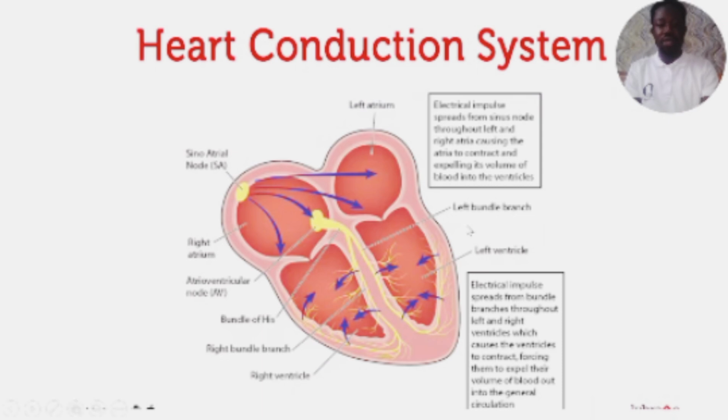And the bundle of His then eventually is going to distribute the impulse to various parts of the ventricle, to the right side of the ventricle and to the left side of the ventricle. This causes the ventricles to contract, forcing the blood to spread through the circulatory system. The contraction is going to happen in the cardiac muscle, and that's going to allow the blood to get squeezed from the ventricle to the aorta.